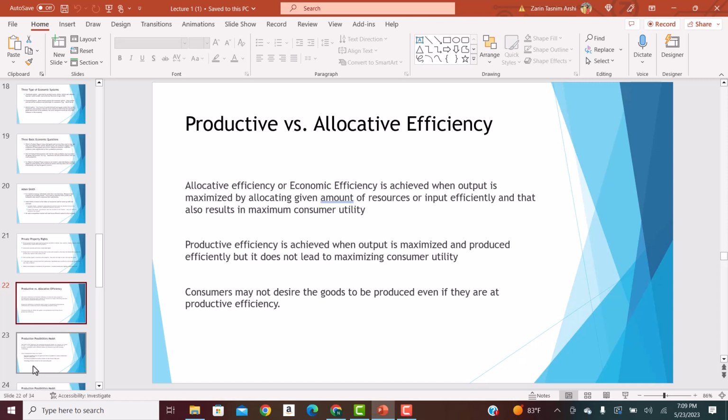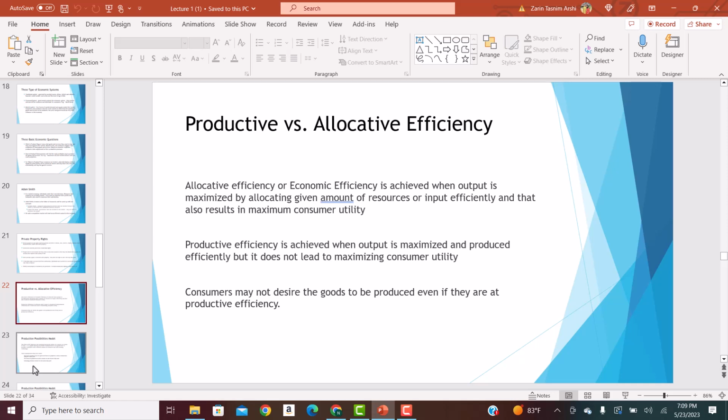But what it means is, with limited amount of input or resources, land, labor, capital, and entrepreneur, you are able to produce the maximum quantity of output. And this maximum quantity of output will maximize consumer satisfaction or consumer utility. When all these three conditions are met, then we are said to have allocative efficiency.